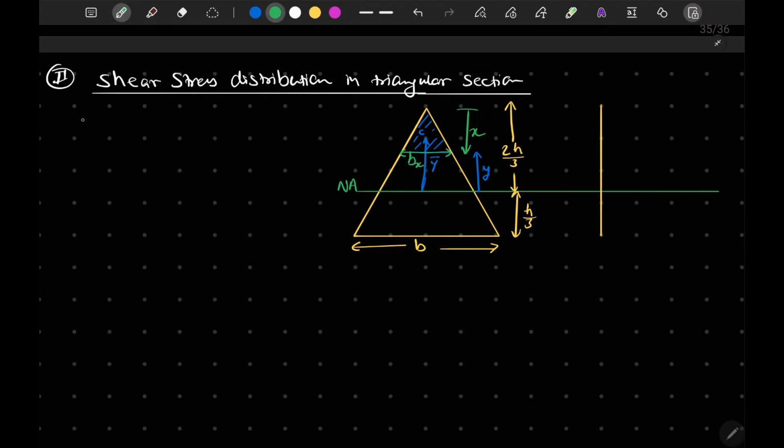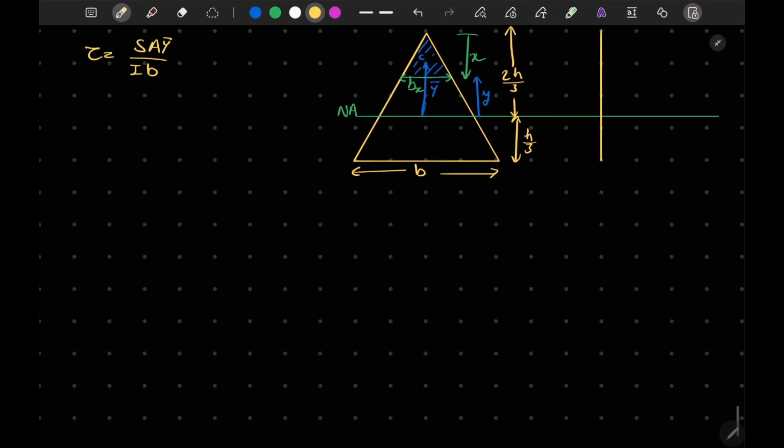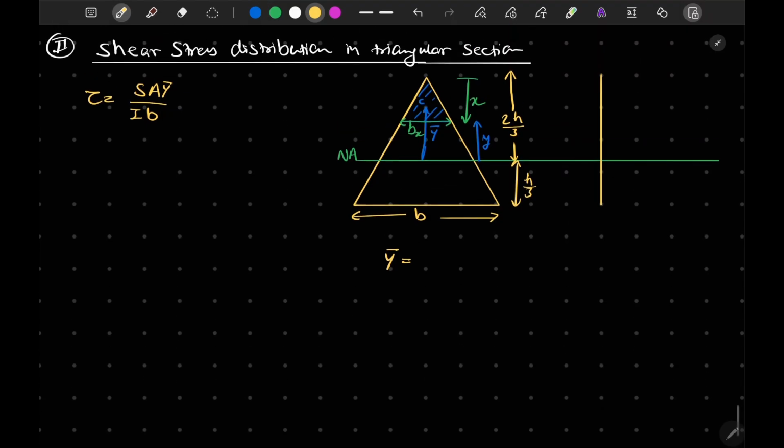To calculate the shear stress, we know that shear stress can be written as S A y bar upon I B. Now from this figure, y bar can be written as this distance, that is y, plus the centroidal distance of the smaller triangle, that is x by 3.